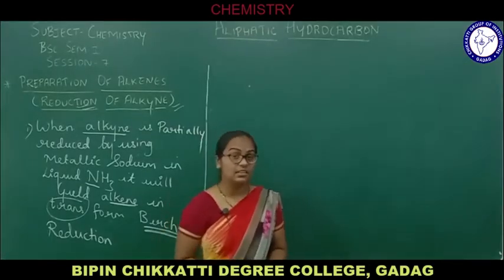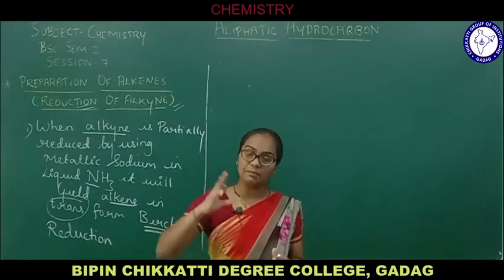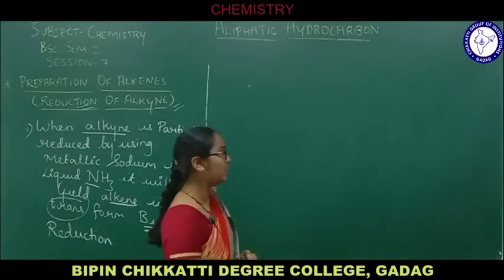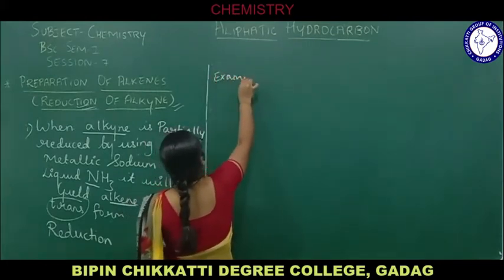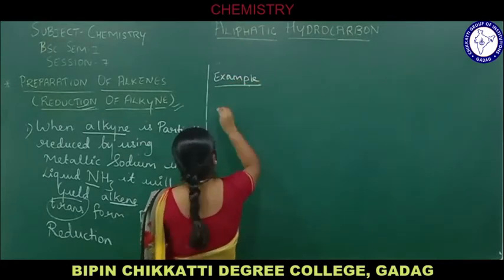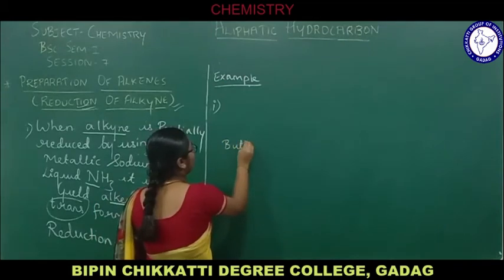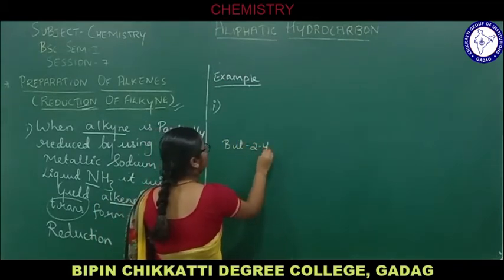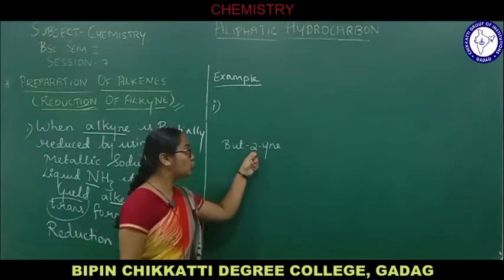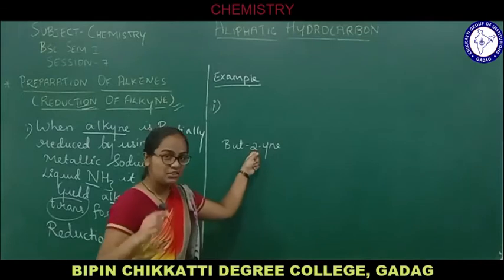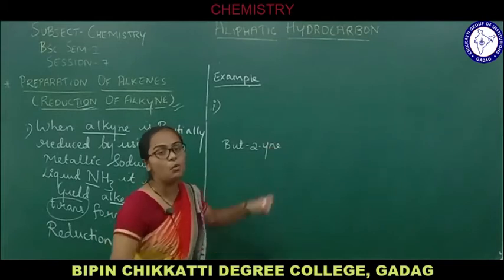Okay, now let's understand by taking an example of the general reaction. We'll take one precise example and understand it more deeply. So the first example we'll consider is the compound butane, but at the 2 and 3 position of the carbon chain, the 'ine' means a triple bond is present.